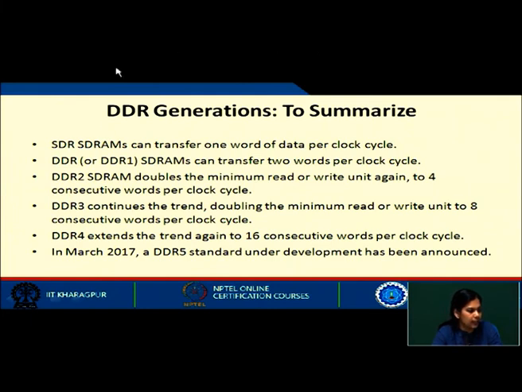So, DDR2 SDRAM doubles the minimum read or write unit again to 4 consecutive words per clock cycle. In DDR3, it is 8 consecutive words per clock cycle, and DDR4 extends the trend again to 16 consecutive words per clock cycle.